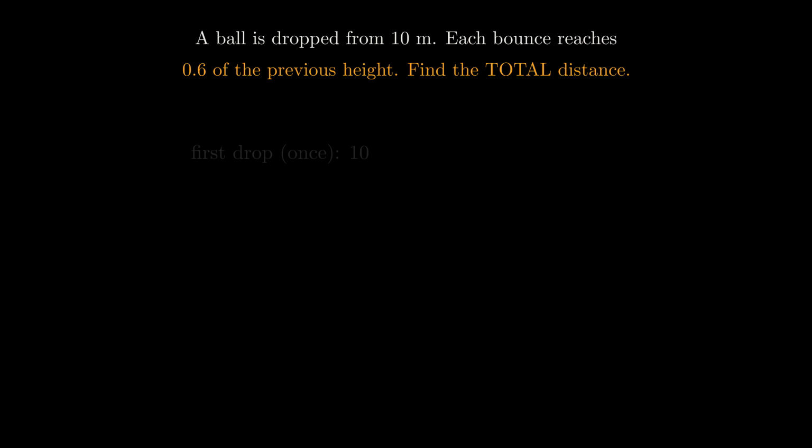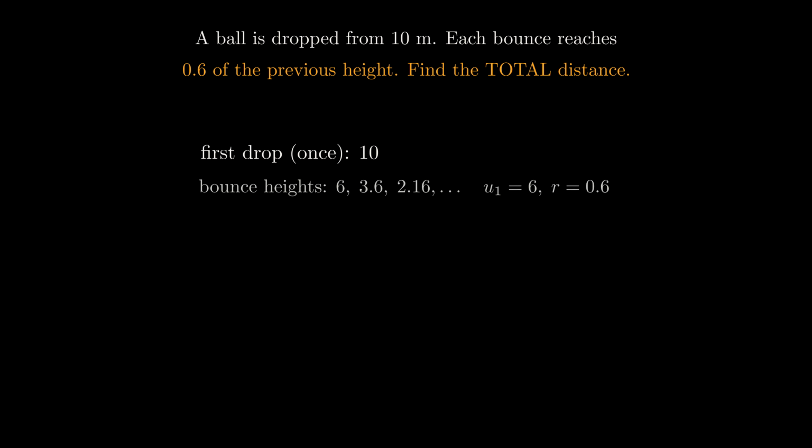The initial drop is 10 meters, counted once. Then the bounce heights, 6, then 3.6, then 2.16, form a geometric series, with first term 6 and ratio 0.6.